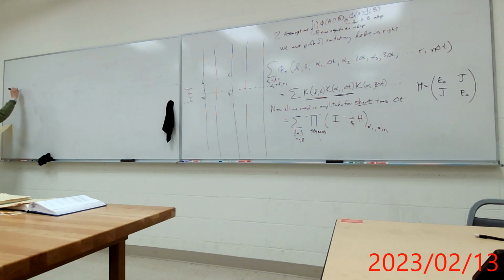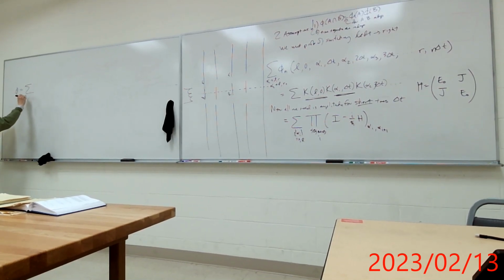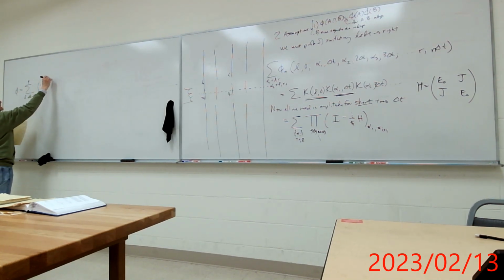So I'm going to write this as phi equals the sum over all the different L's that are odd, L odd equals 1 to P. And then we're going to have an amplitude of minus i J delta t over h bar to the L, because that's a factor that comes in from minus i over h bar H if I switch.